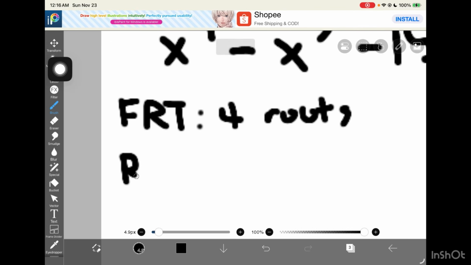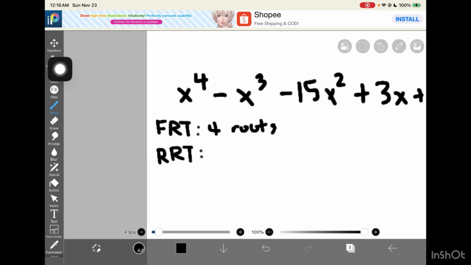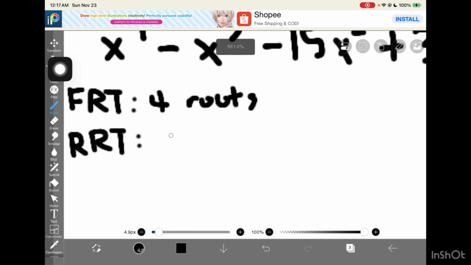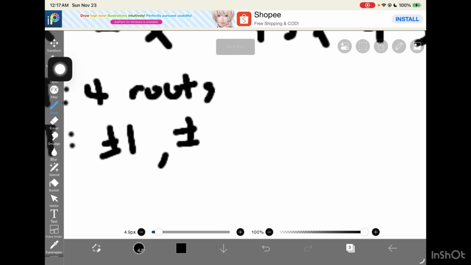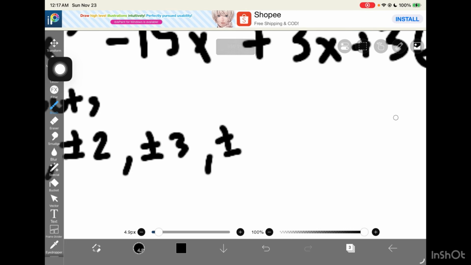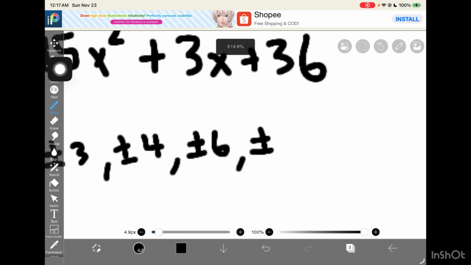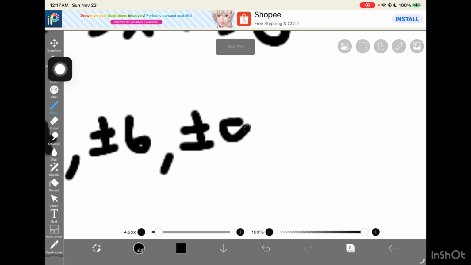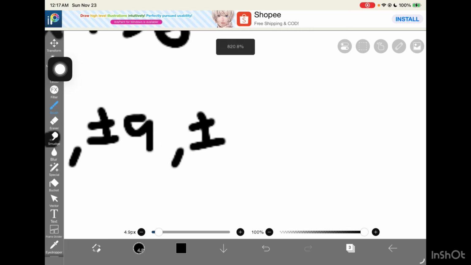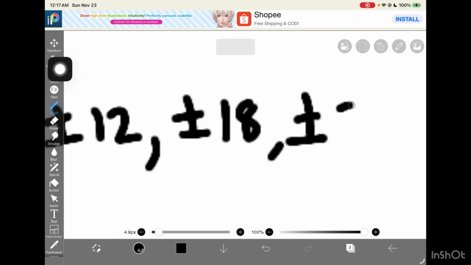By RRT, we have plus minus 1, plus minus 2, plus minus 3, plus minus 4, plus minus 6, plus minus 9, plus minus 12, plus minus 18, plus minus 36.